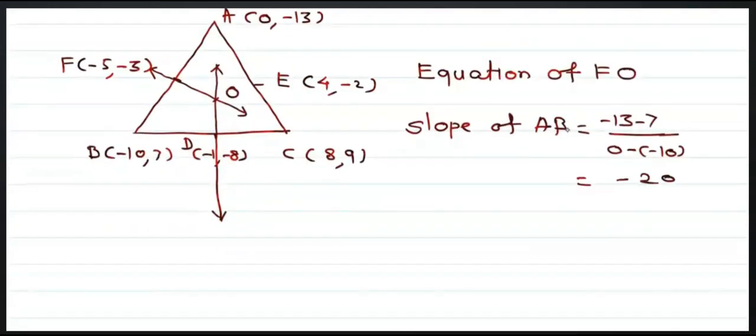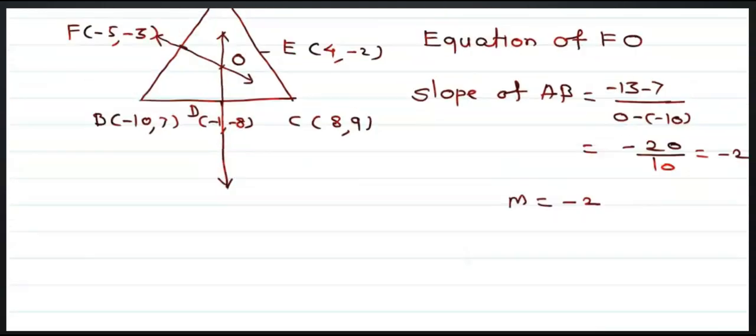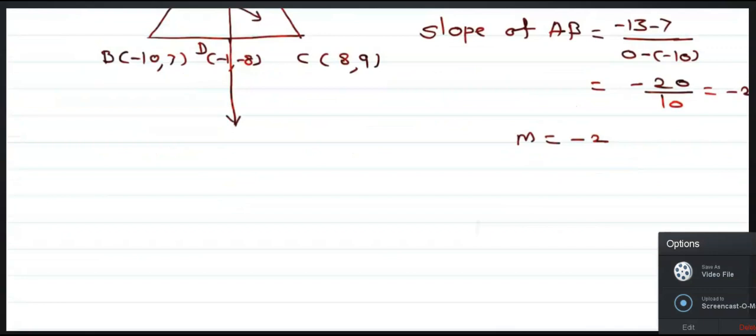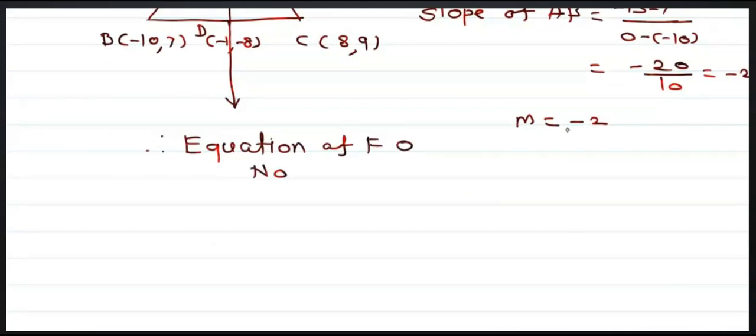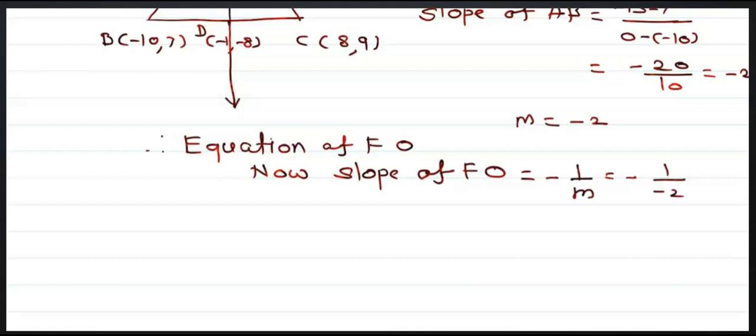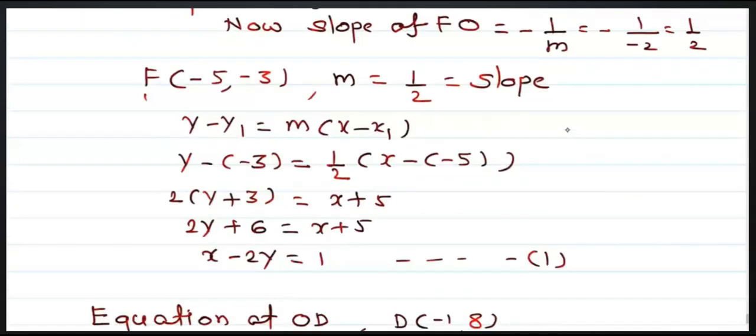Slope of AB is minus 13 minus 7 upon 0 minus in bracket minus 10, that is minus 20 upon 10, that is equal to minus 2. m is equal to minus 2. Therefore the equation of FO, that is the slope of FO, is minus 1 upon m, that is 1 upon 2. F is minus 5, minus 3. m is 2.